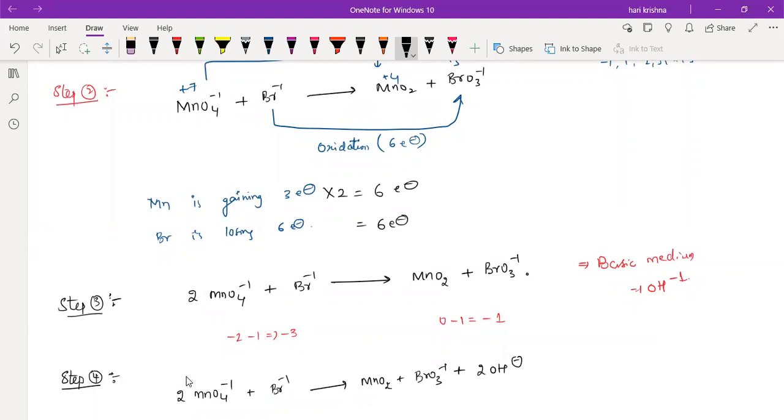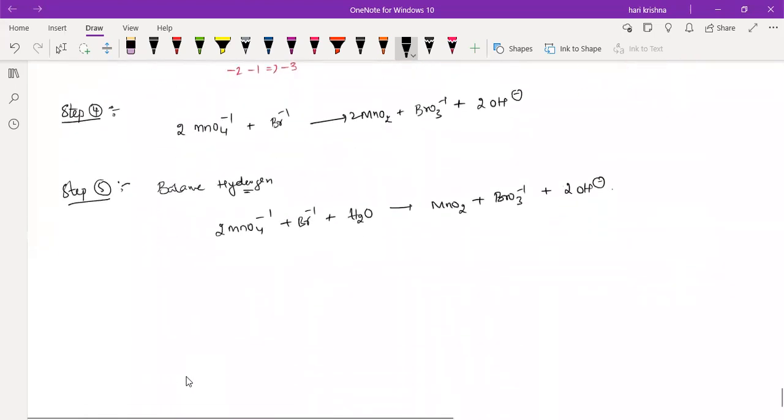From step number 2 to step number 3, we multiplied the manganese 2 times here, but we should not have, right? Reactant side or product side. Yes, sir. So keep 2 MnO2. Now check whether the numbers of oxygen are balanced or not. Yes, sir. Now it is balanced. Any doubts in this? No, sir. No doubts.